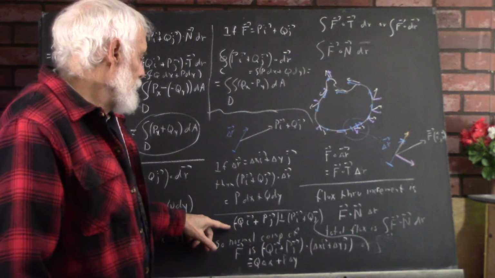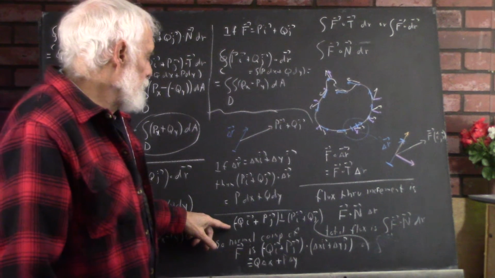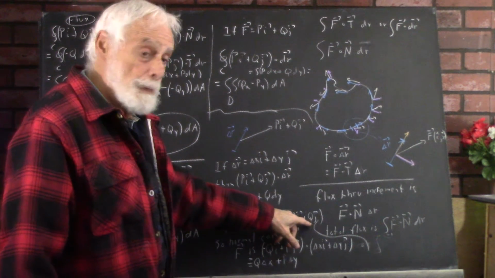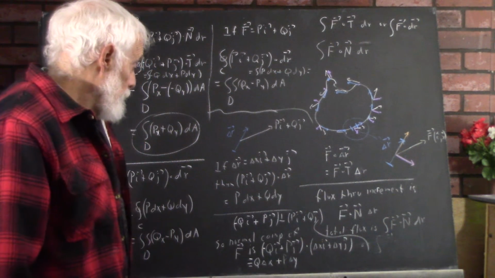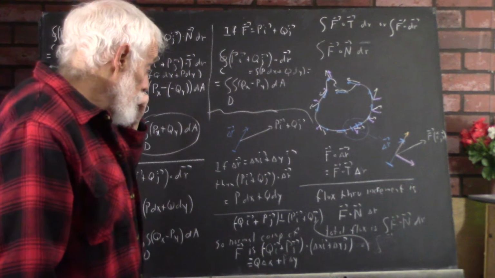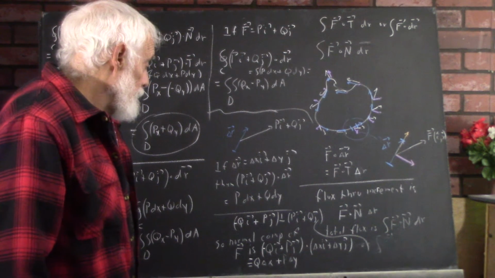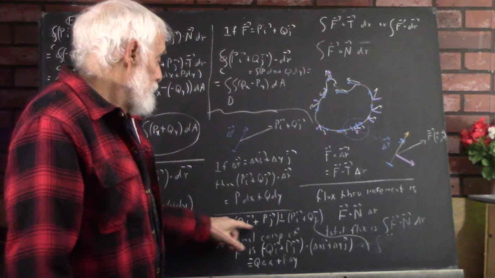Now observe that the vector negative Qi plus Pj is perpendicular to the vector Pi plus Qj. So if you want the normal component of F, it's going to be this.